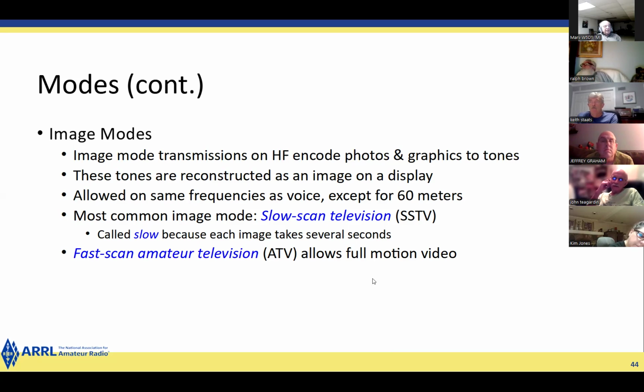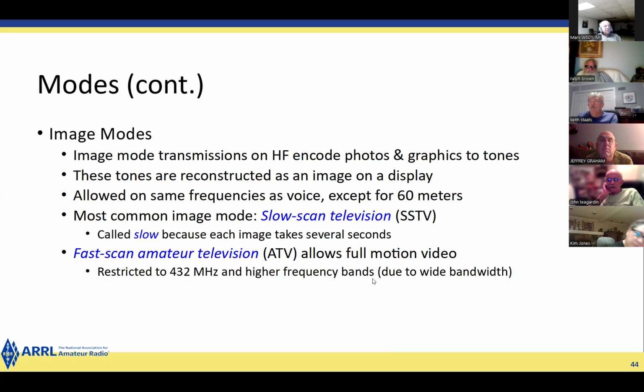And we have also fast scan amateur television, which is kind of restricted. I don't know too much about this. I've never gotten into it, so I can't really speak to it too much. I don't know if John or Wes knows too much about it. I've used it.